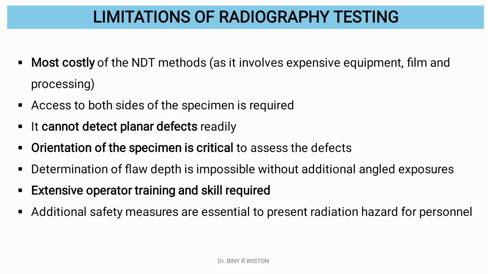Orientation of the specimen is critical to detect the defect. If the orientation is not proper, the crack or flaw may not be properly identified using this method. A determination of flaw depth is impossible without additional angled exposure.